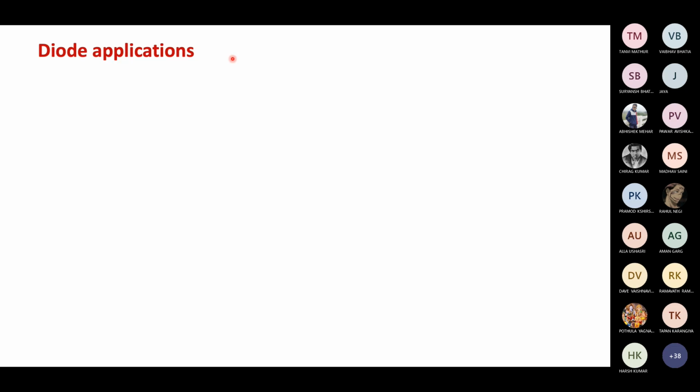Can you point out some applications? Apart from LEDs, solar cell, photodetector, voltage regulator. Yeah, those are among the most widely used avenues where this PN junction is used nowadays.